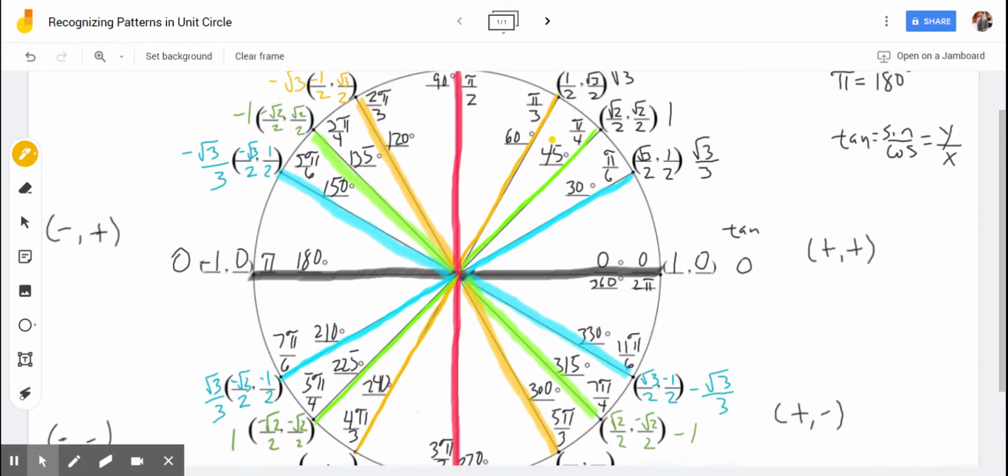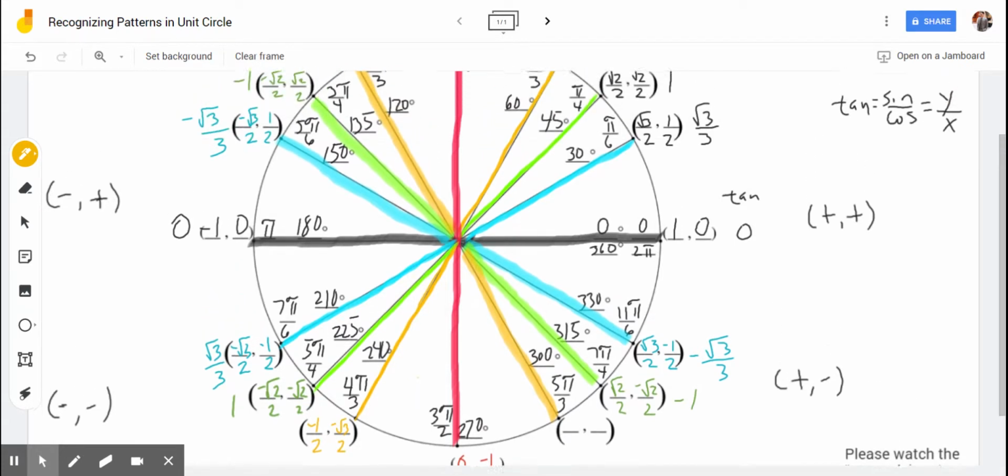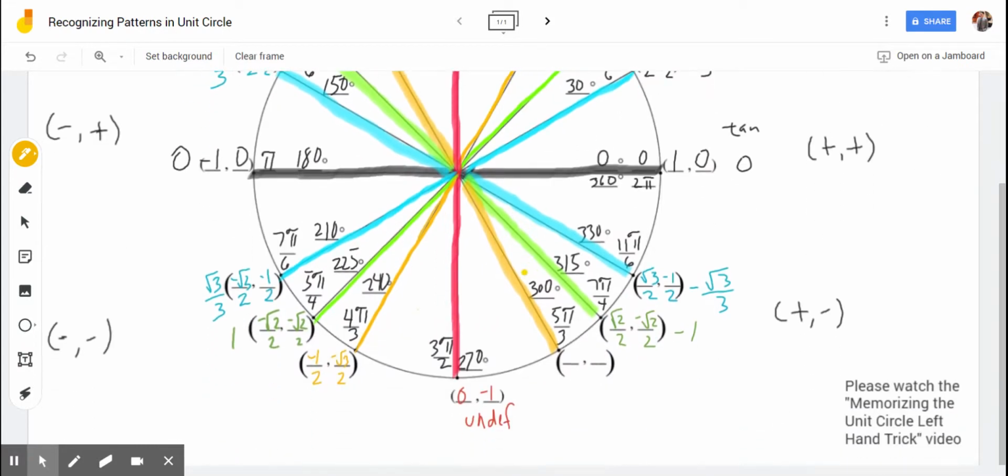So we would have negative a half, negative radical 3 over 2. And both negatives become a positive radical 3. And this would become positive a half, negative radical 3 over 2 in quadrant 4, and negative radical 3 for the tangent value.